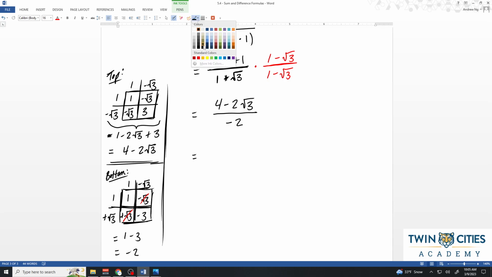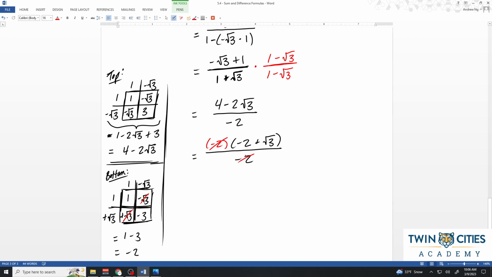So if I factor out a negative 2, then what I'll have left over is 4 divided by negative 2 is negative 2. And negative 2 square root of 3 divided by negative 2 will be just plus square root of 3 here over this negative 2 on the bottom. And then we can divide these out. Final answer, negative 2 plus the square root of 3.